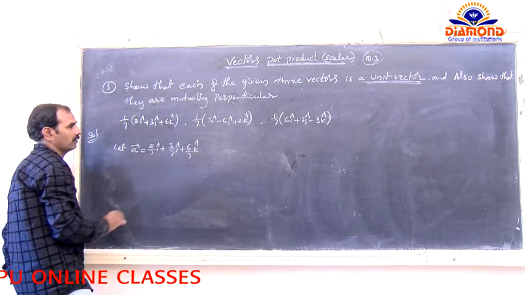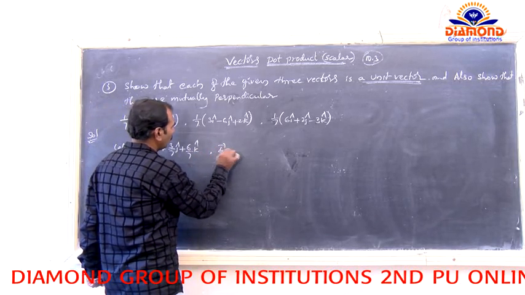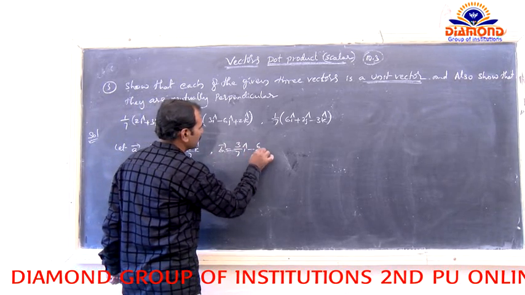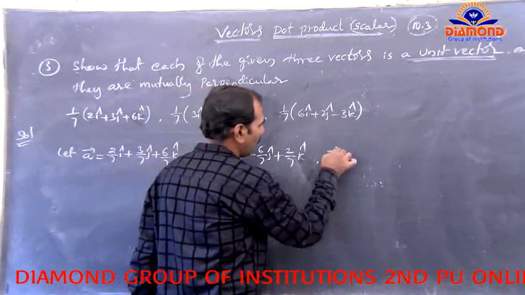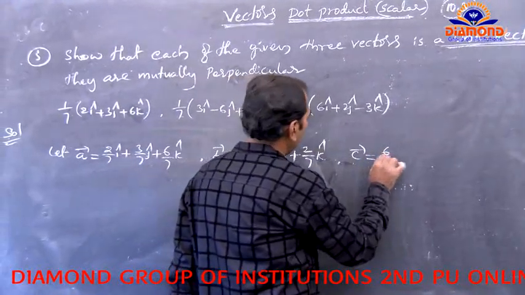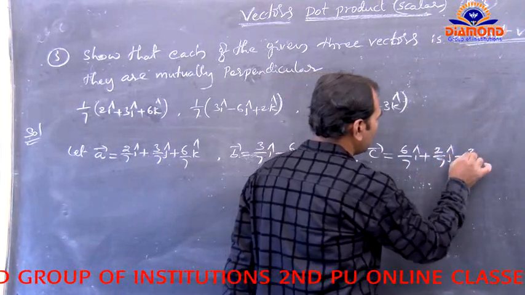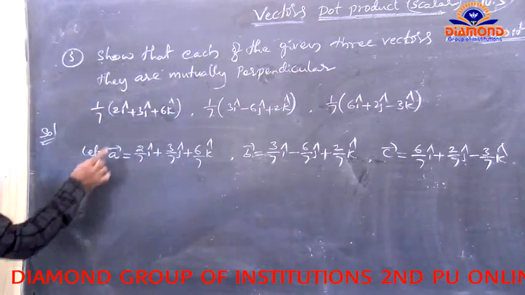This is the a vector. And b bar equals 3 by 7 i cap minus 6 by 7 j cap plus 2 by 7 k cap. And c bar equals 6 by 7 i cap plus 2 by 7 j cap minus 3 by 7 k cap. So simple.